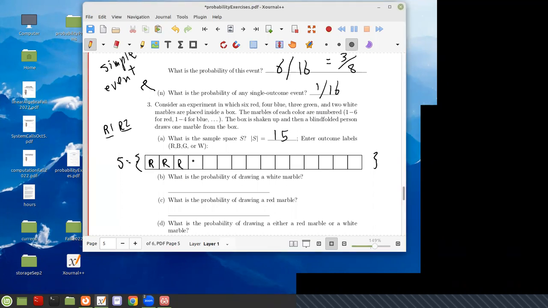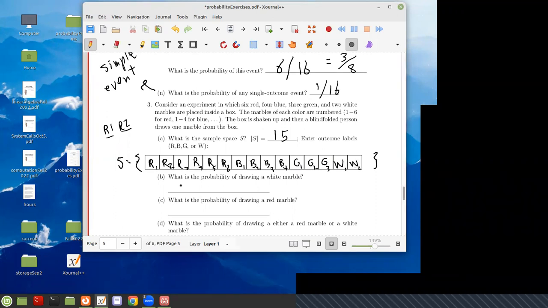Okay, well, we've got 6 red ones, and we could label them 1, 2, 3, 4, 5, 6, and then there's going to be 4 blue, 1, 2, 3, 4, and 3 green, and 2 white.